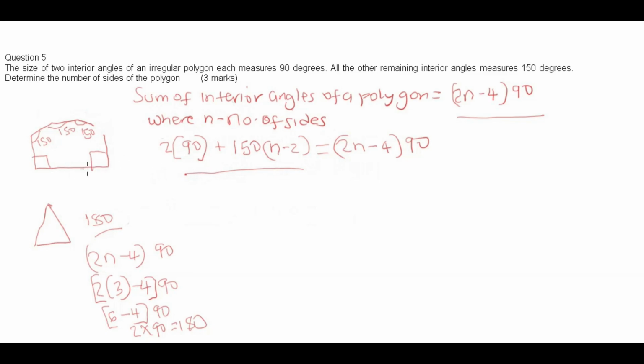Since we know two angles are 90 degrees, plus 150, all the other angles which are 150 degrees each, times the number of sides, and since we have already used these two, you remove them from n, so that it will be equal to the sum of the interior angles.